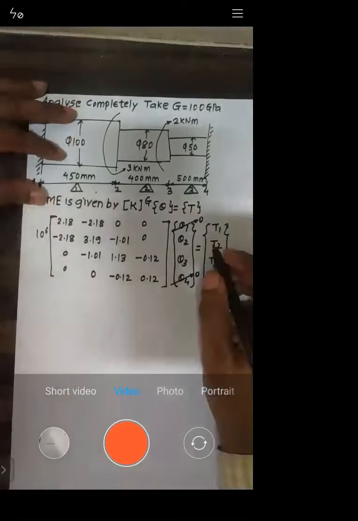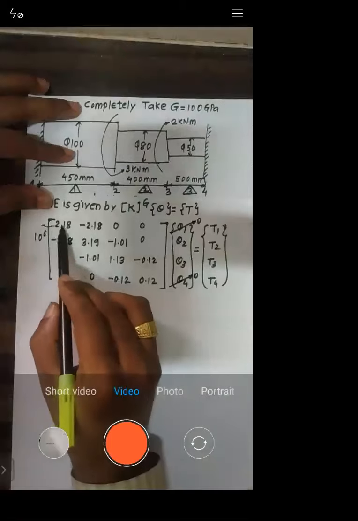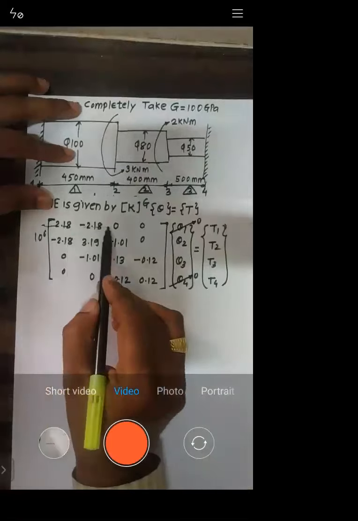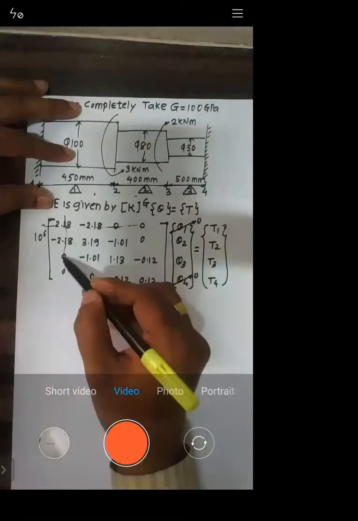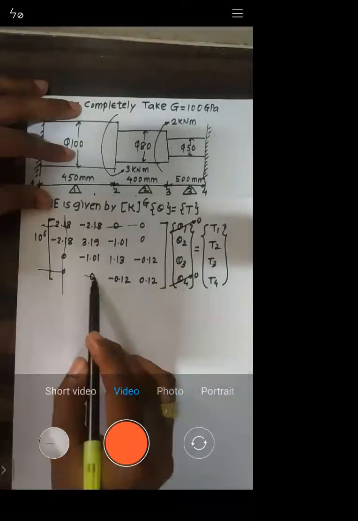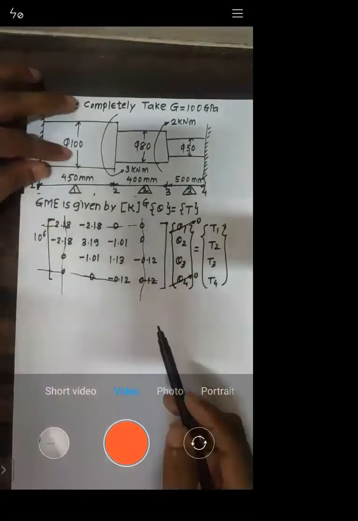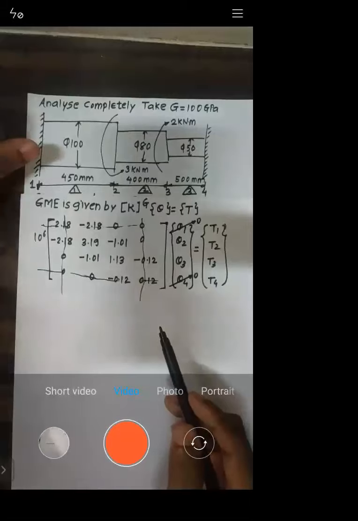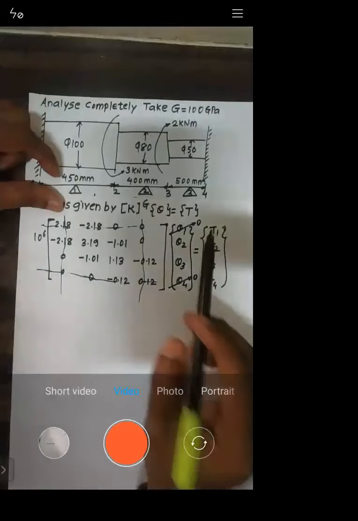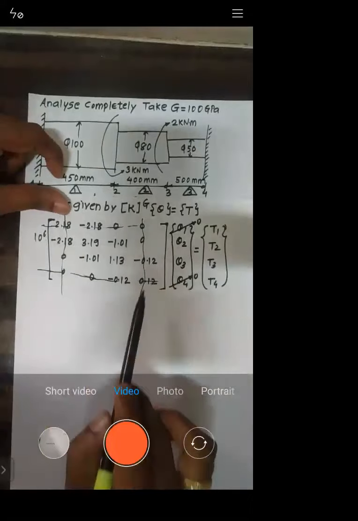Since theta 1 is 0, I'll simply erase the first row and first column. Similarly, theta 4 is 0, so the fourth row and fourth column get cancelled.